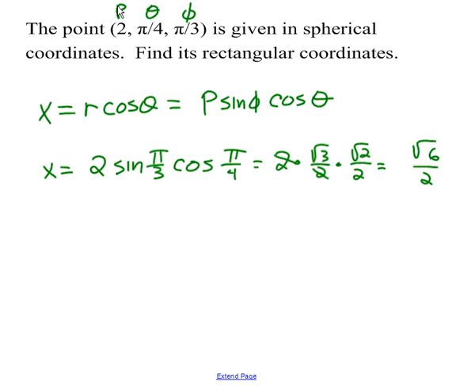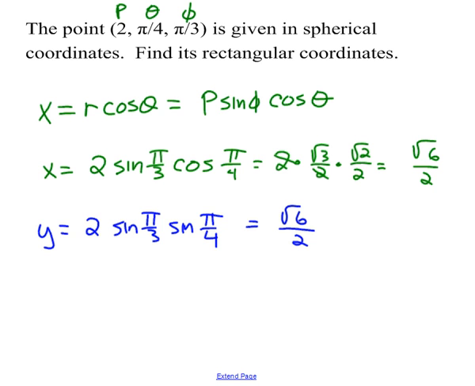You can find y in a similar manner. y is going to be 2 sine of phi, but now it's sine of theta, and that actually turns out to be the same answer because cosine of pi over 4 and sine of pi over 4 are the same. And then finally I need my z, and so my z is the one that's a little different.